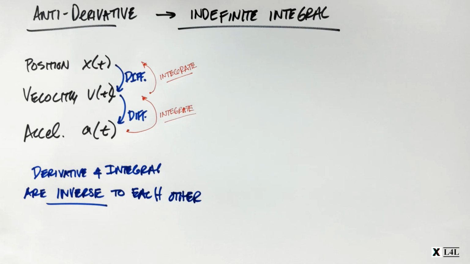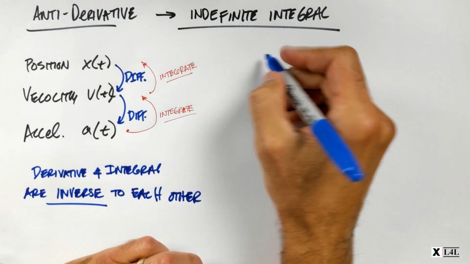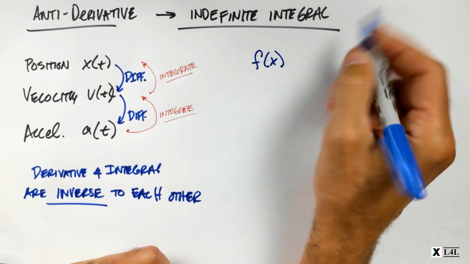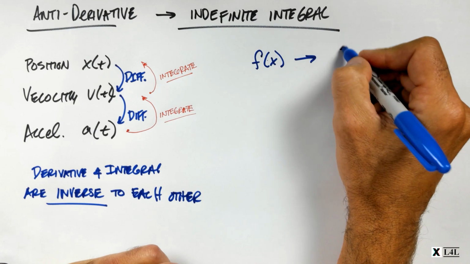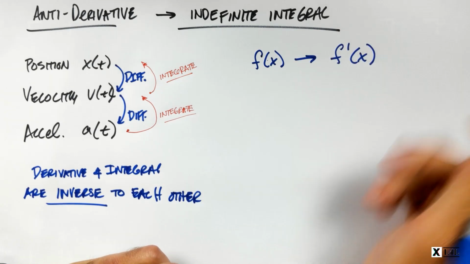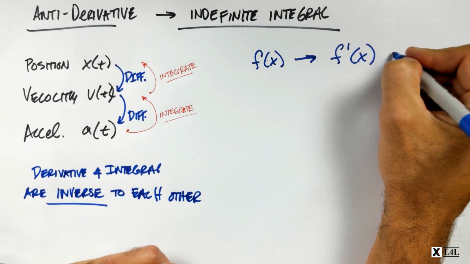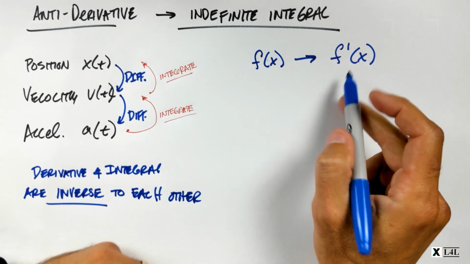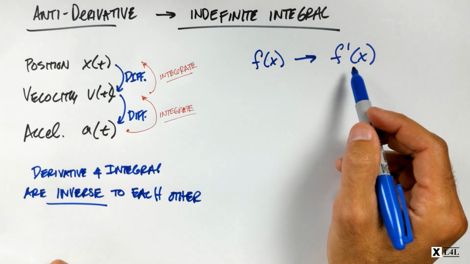Okay, so by being inverse to each other, mathematically, how would we say it? Let's just say we have some function of x, right? So if I wanted to take the derivative of that, the way I could show that is f prime of x, okay?